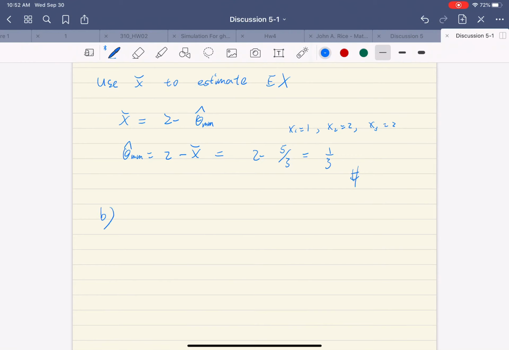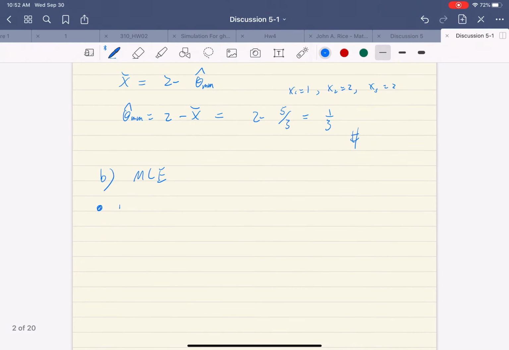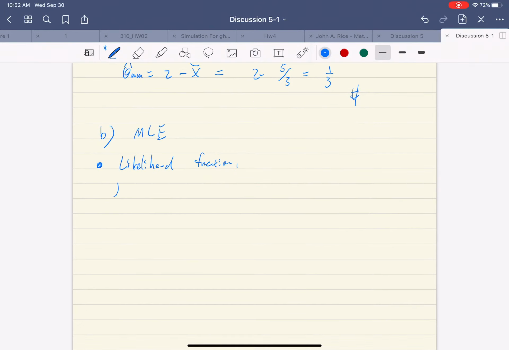And for part B, the MLE. The first step is you want to find the likelihood function. So what we have is L of theta.